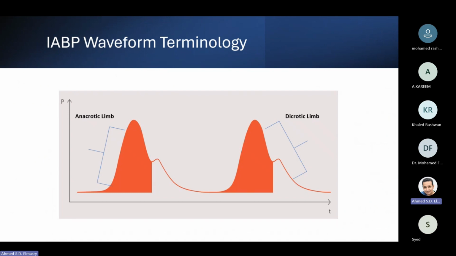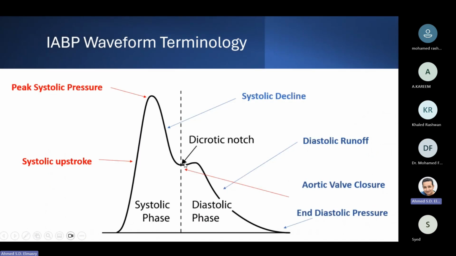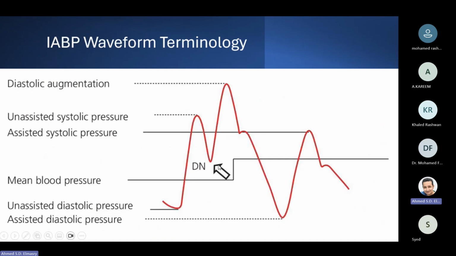As we know from the arterial waveform morphology, there is an anacrotic limb and dicrotic limb, and this is the dicrotic notch, peak systolic pressure, systolic upstroke, systolic phase, and diastolic phase. This is the normal morphology of the arterial waveform, and this will be the morphology of the arterial waveform with the augmentation or assist of the intra-aortic balloon.